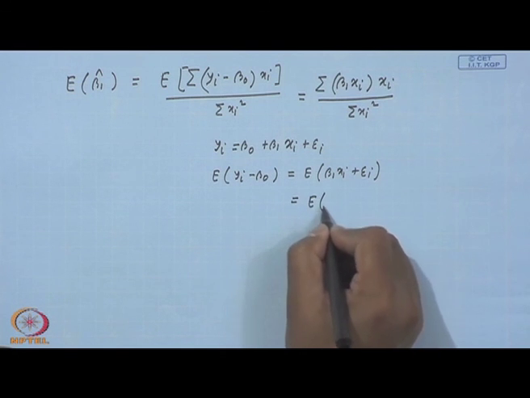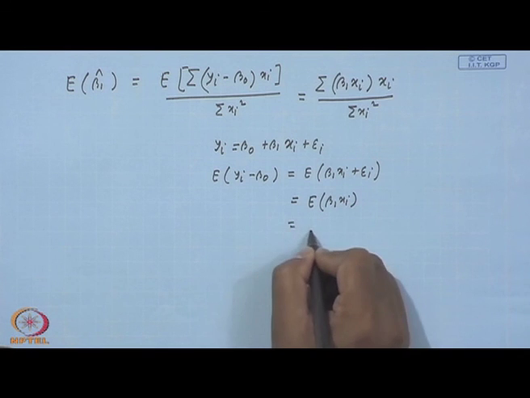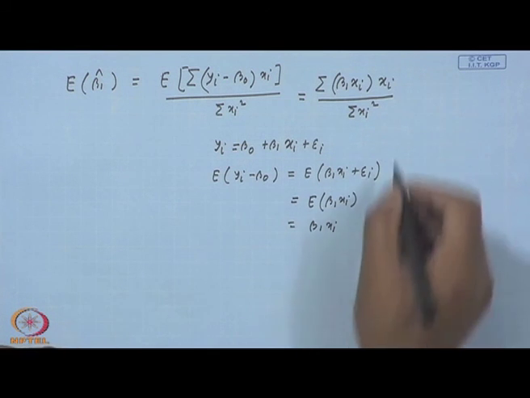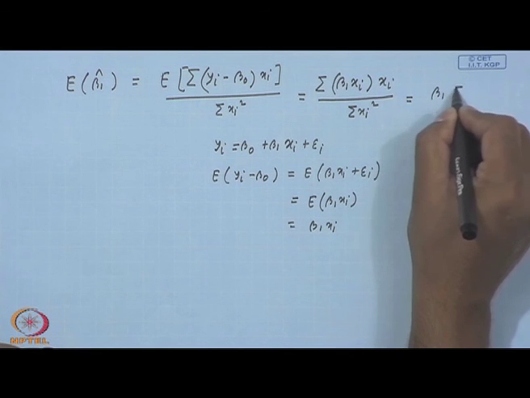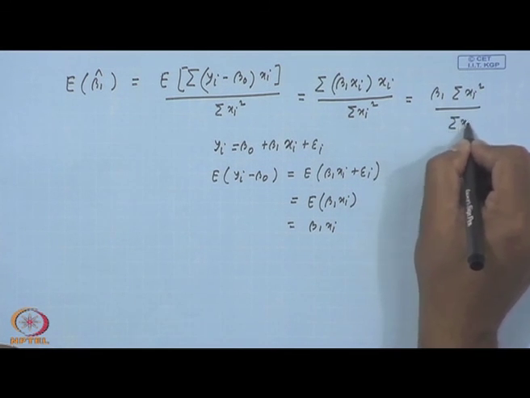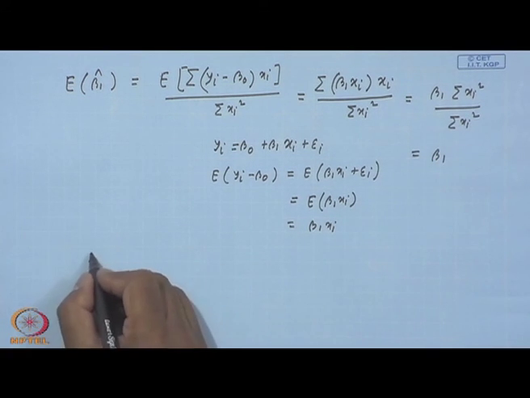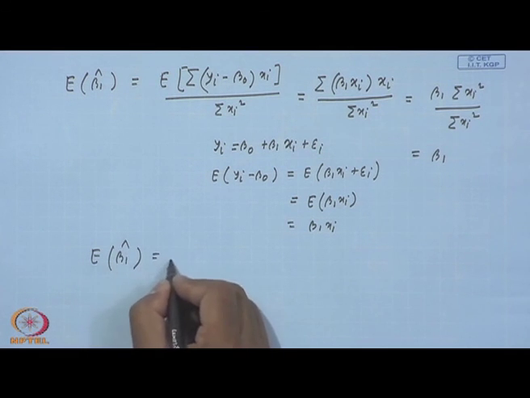So it is the expectation of beta 1 x_i, which is beta 1 x_i. So this one is beta 1 into summation x_i square by summation x_i square, that is nothing but beta 1. So what we found is that the expectation of beta 1 hat is equal to beta 1.